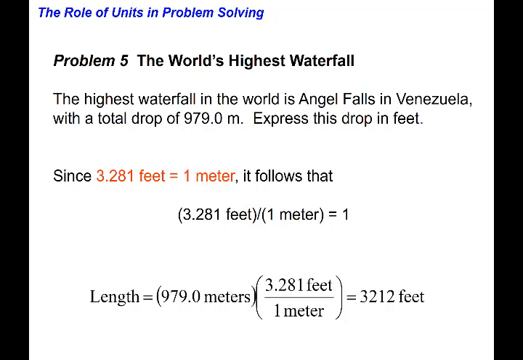Again, the highest waterfall in the world is Angel Falls in Venezuela, with a total drop of 979.0 meters. Again, mark the sig figs are 4. Express this drop in feet. So we need to know the meter to feet conversion: 3.281 feet is 1 meter. This is the unit conversion for this.